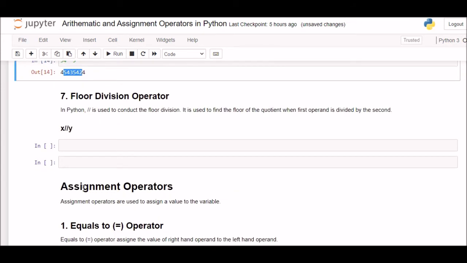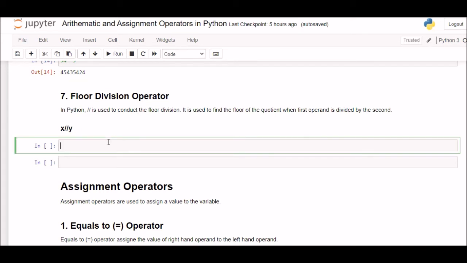Now floor division operator. In Python, the floor division operator is written with the help of a double slash, and it's used to find the floor of the quotient when the first operand is divided by the second. For example, 9 double slash 5. Let's run the code.